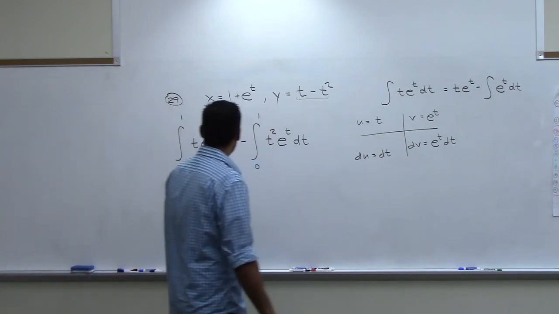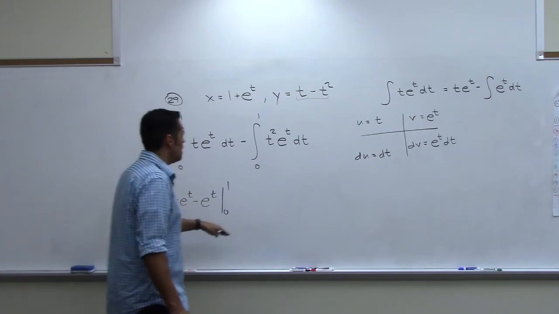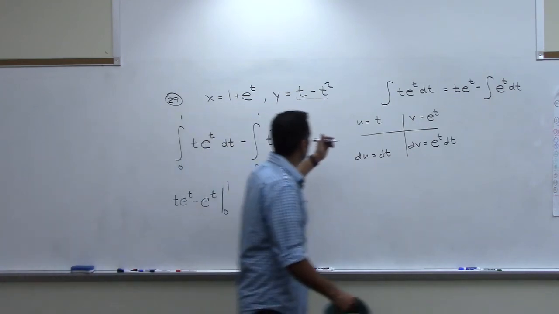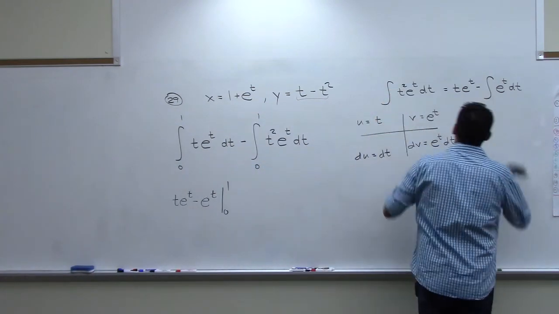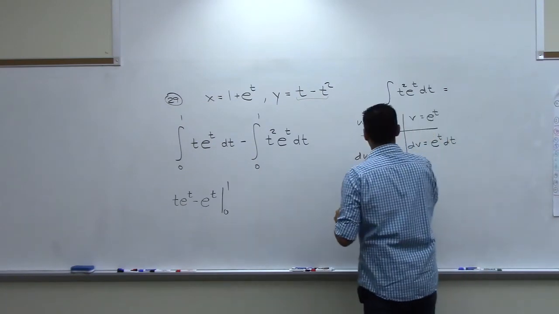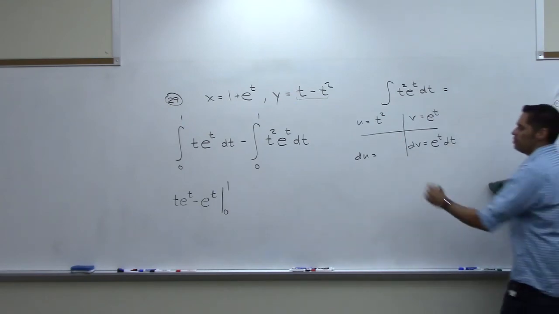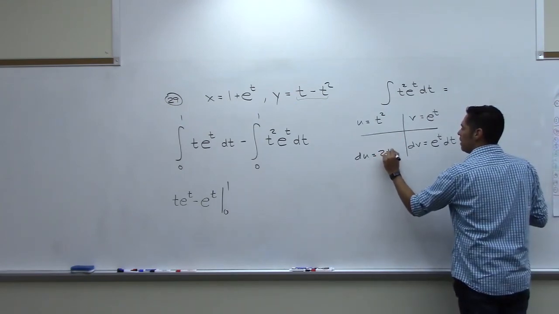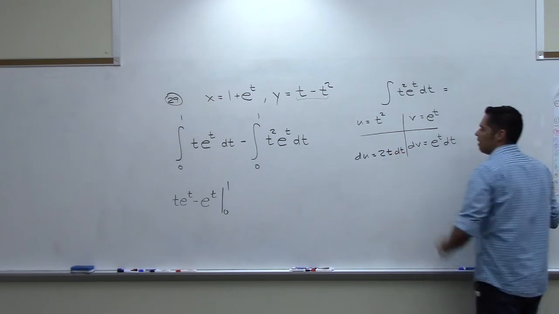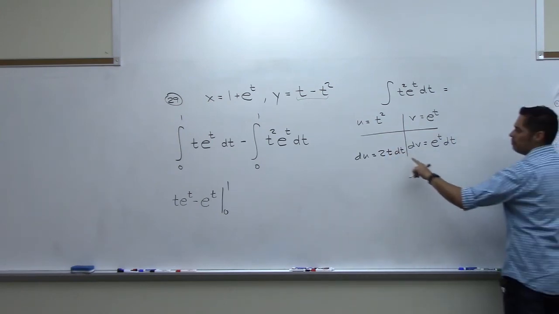All right, so look, I got this first one taken care of, right? Yes, sir. This first one is good. We'll have to evaluate that. This other one is going to change to t squared, and we're going to have to do integration by parts twice. Right, so 2t, but I'll cheat a little bit. 2 dt right there. And then we'll just replace it.